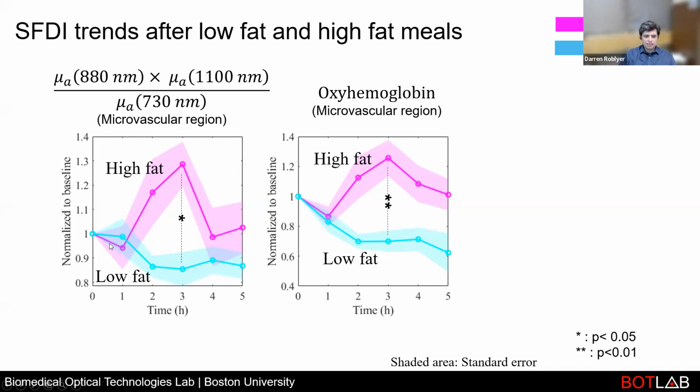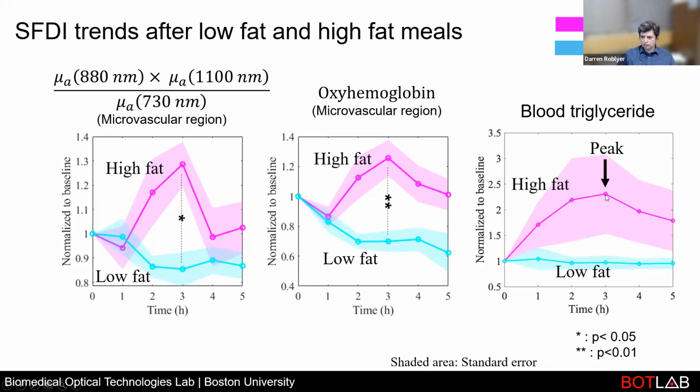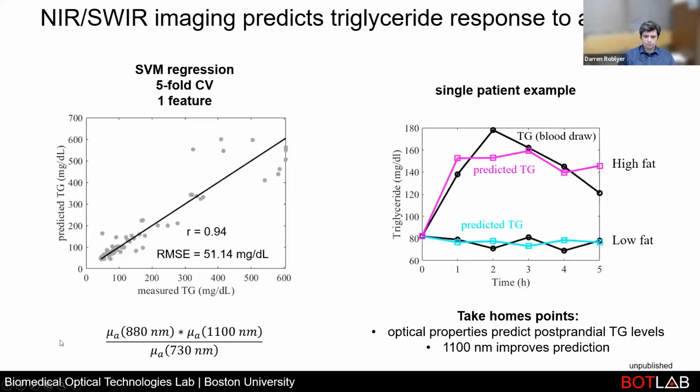And so what you can see in the 10 high-fat patients, there's a peak that happens in this optical metric at 3 hours. And it's a very different trend compared to the low-fat meal subjects. This also occurred in oxyhemoglobin. And if we compare to the blood triglycerides, the gold standard, we can see that these trends are similar, showing that these optical metrics are tracking what's happening to the blood triglycerides, which is really exciting.